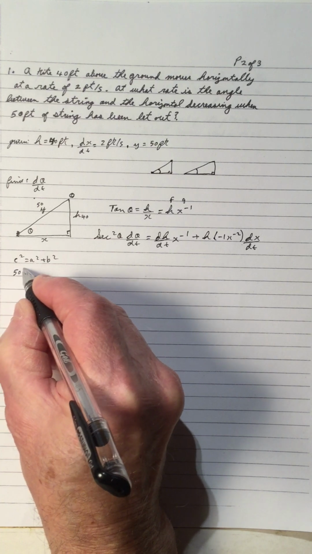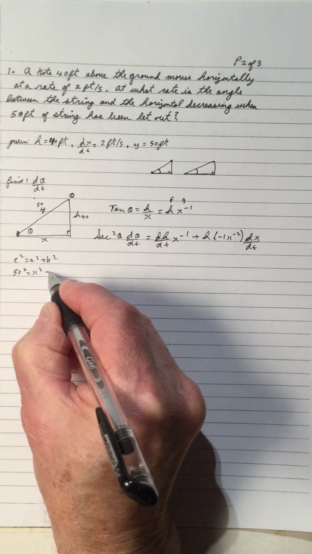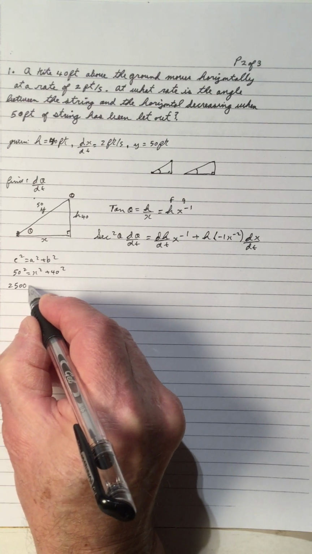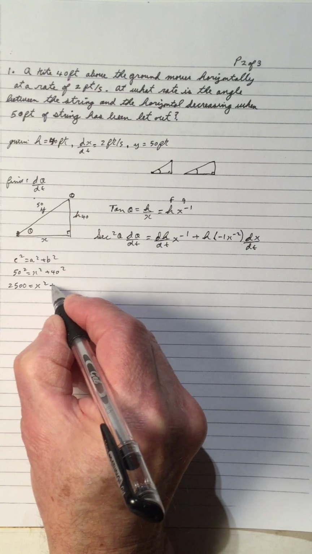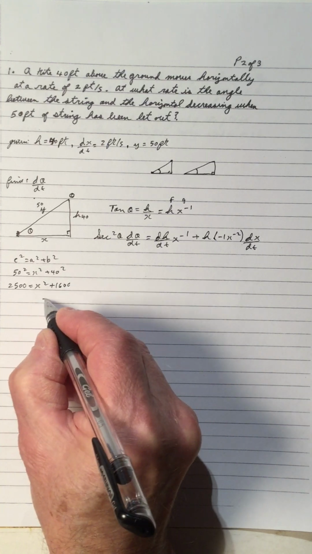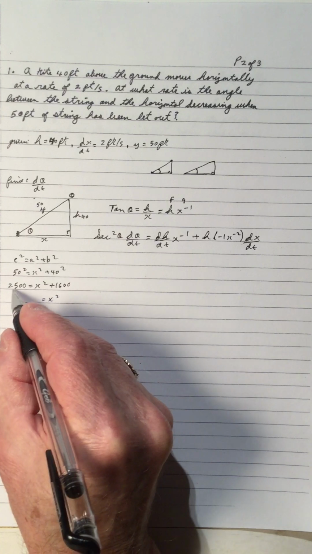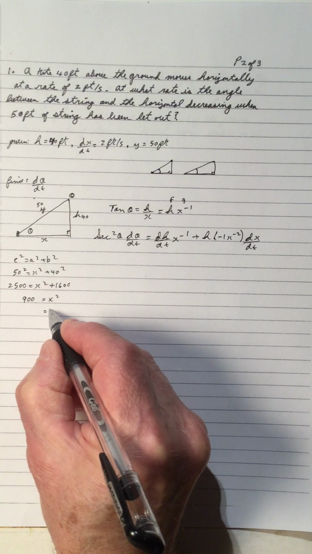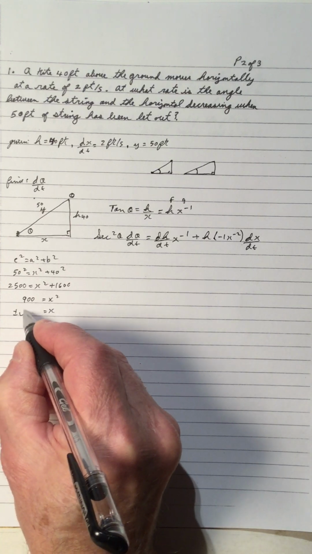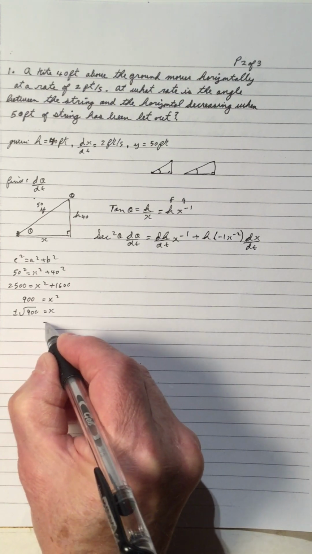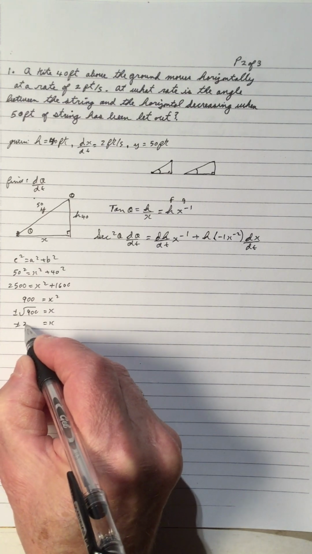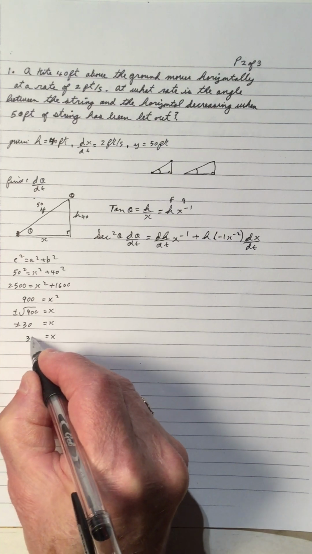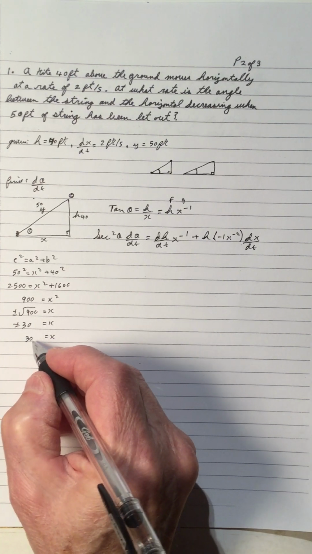So c is the hypotenuse, which is 50, so 2500 is x squared plus 40 squared, which is 1600. So x squared is 2500 minus 1600, which is 900. So x is plus or minus the square root of 900. So x is plus or minus 30. But we can't have a negative, so it's 30 feet.